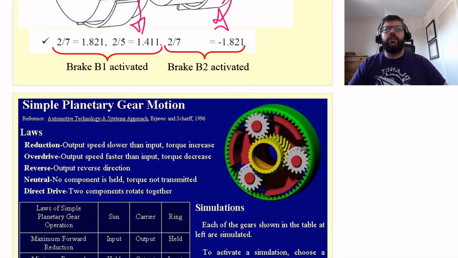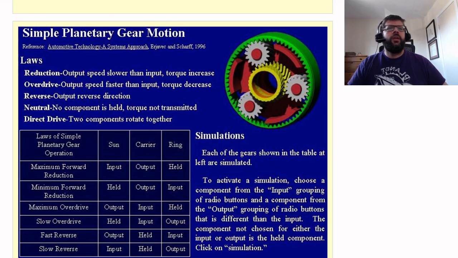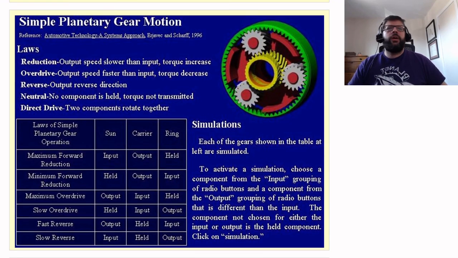So in general, what we're generally looking for: reduction is when you want your output speed lower than input. We're driving up the torque. Overdrive is when we want higher speed than input, so that'll obviously reduce the torque.